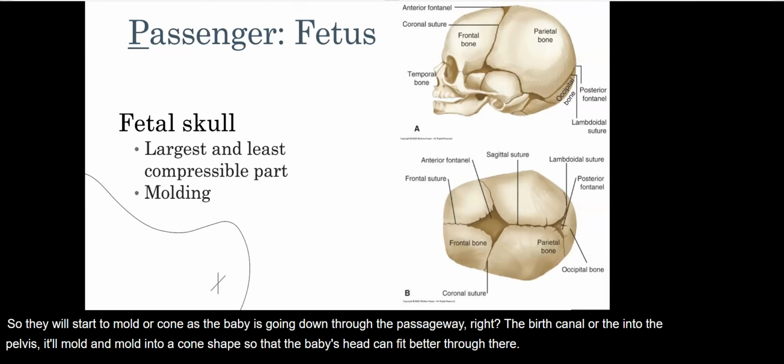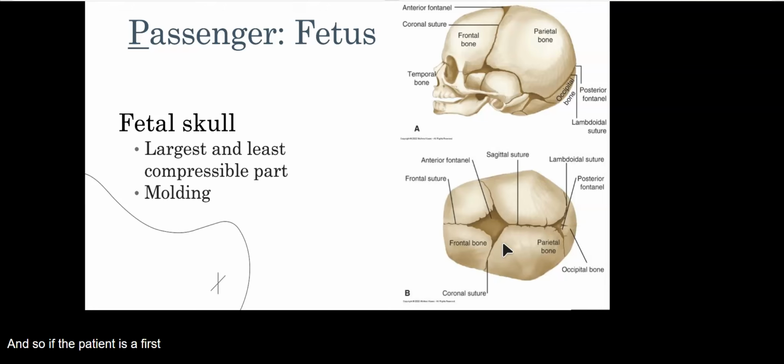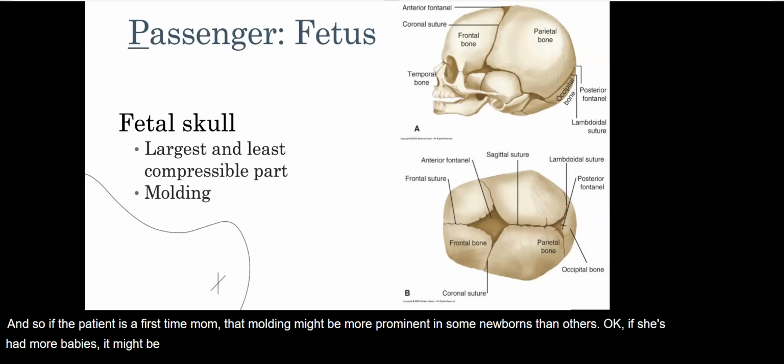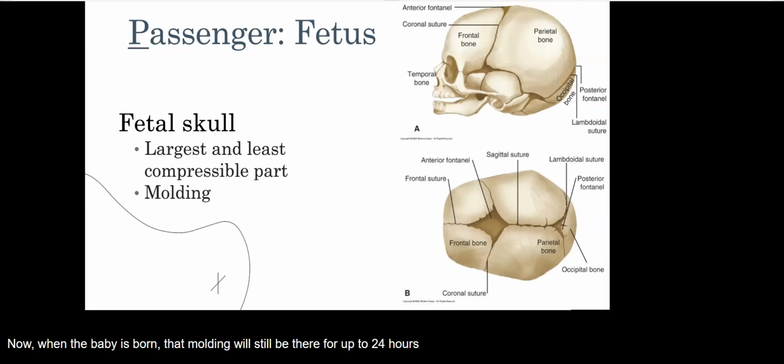And so if the patient is a first-time mom, that molding might be more prominent in some newborns than others, okay? If she's had more babies, it might be less molded because all that tissue has been stretched before. Now, when the baby's born, that molding will still be there for up to 24 hours-ish after birth, and that's normal.